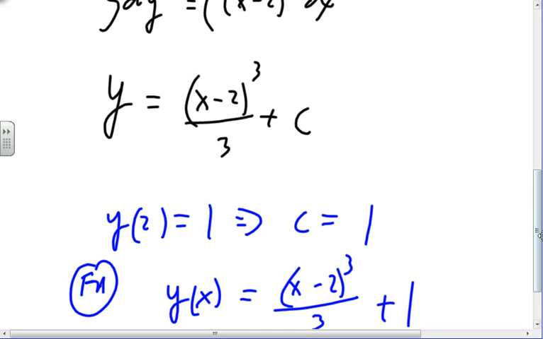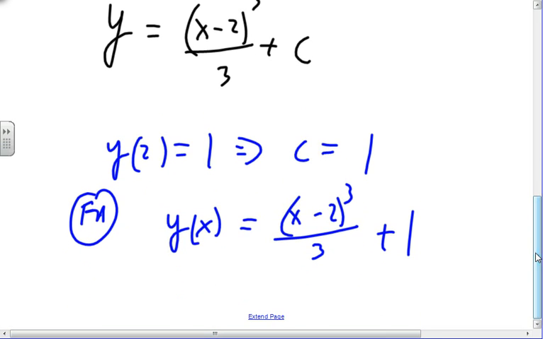How is y of 2 equal to 1? Isn't 2 minus 2 zero, and 0 cubed divided by 3 would be 0? The initial condition says y at 2 is 1. So when I put a 2 up here, I get 2 minus 2, which becomes 0. So 1 has to equal c.